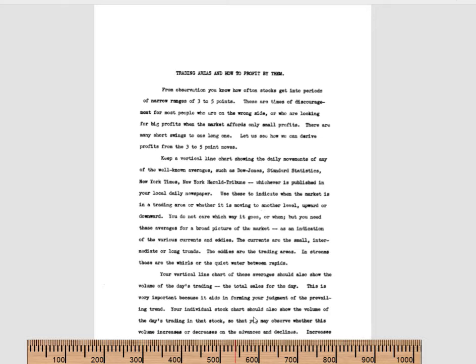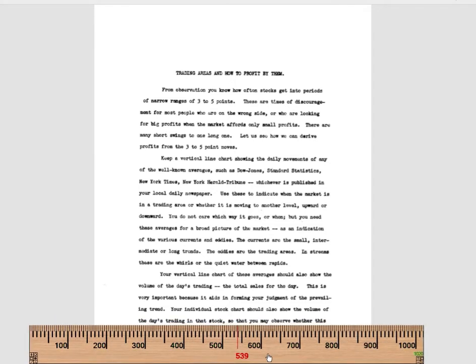Because it's a higher price. So as price increases, demand decreases. That's typical behavior. But there are times when at 30, there's a lot. At 31, there's more. At 32, there's even more. That's a different type of behavior, and extremely bullish behavior.